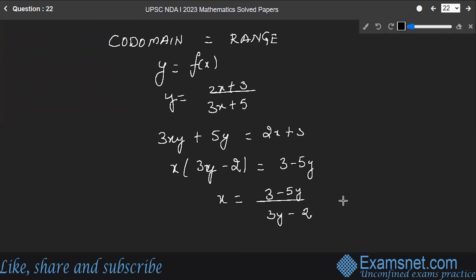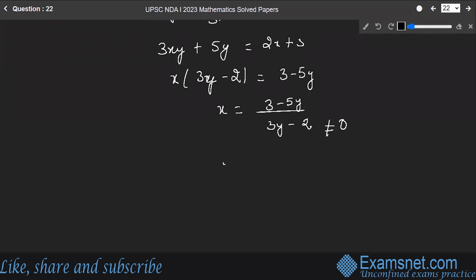So that means now you can't have the denominator equal to 0, which means y cannot be equal to 2 by 3, correct? So that means we will not have a pre-image of 2 by 3. 2 by 3 is not allowed to come in the codomain, okay?